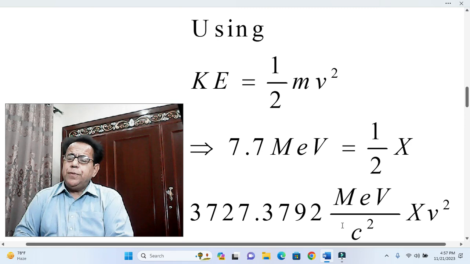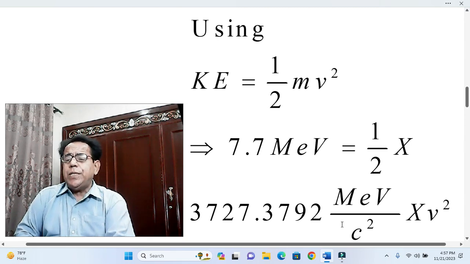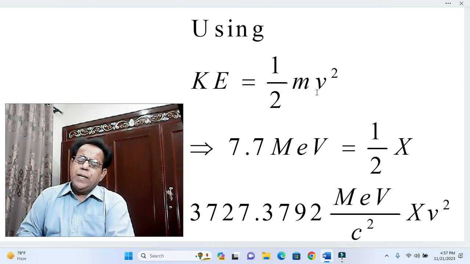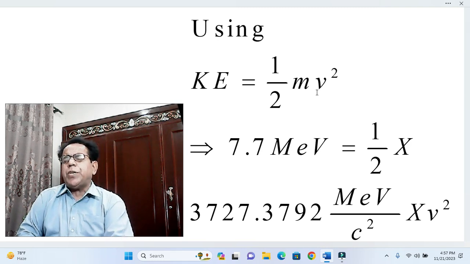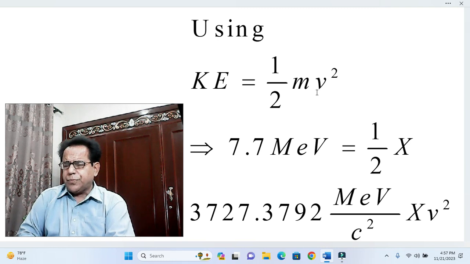Actually, dear students, in such a situation we can reformulate this expression as v square equal to 2 into kinetic energy over mass. Then we take the square root of both sides, and v becomes equal to the square root of 2 into kinetic energy divided by m.